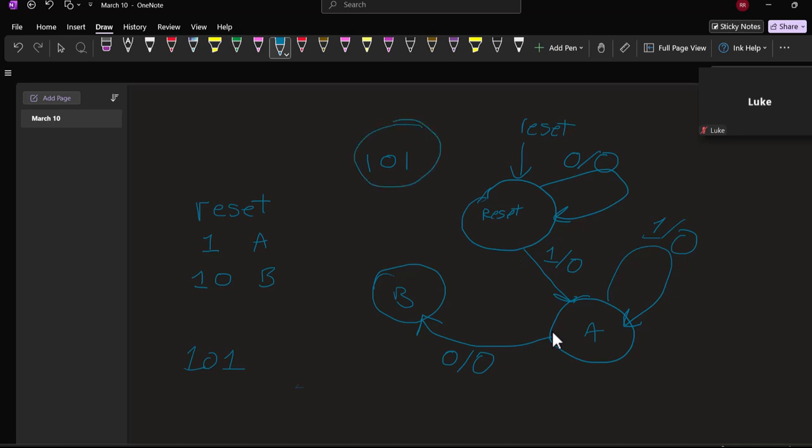I'll go to A, because if I look at my last bits, I don't have a 1, 0, but I do have a 1. So if I get a 1, I'll go back to A and my output will be 1. If I'm in state B and I get a 0, I go back to reset. Does that make sense?